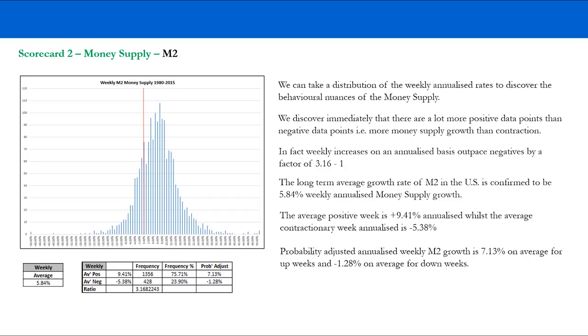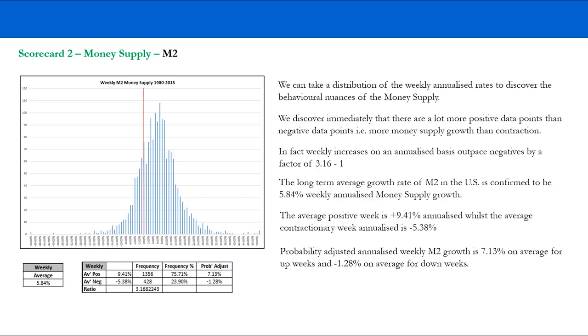These weekly increases, the positive data points, which are very normal to a capitalist system, basically outpace the negatives by a factor of just over 3 to 1, so 3.16 to 1. The average growth rate of the weekly annualized number in M2 money supply is confirmed to be 5.84%.